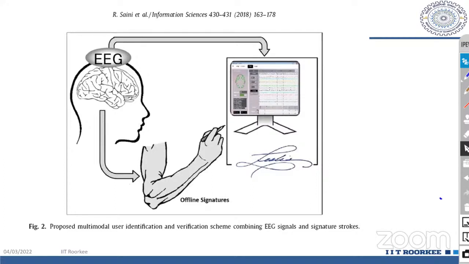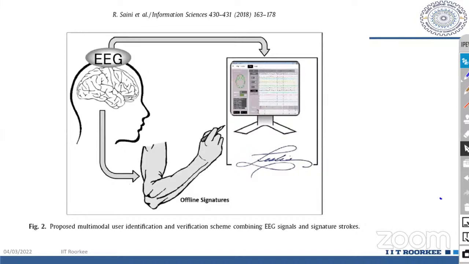So to avoid this, let us assume that whenever the user is withdrawing, let us say 500 rupees or 1000 rupees, or even 100,000 rupees, or buying a property, something like that, during the signature we are taking their EEG signal as well.